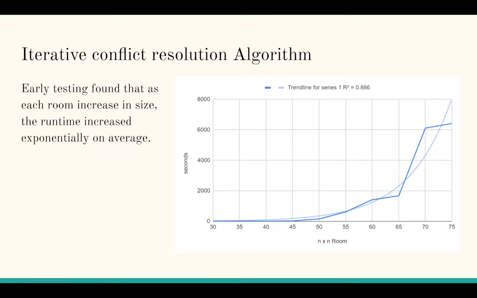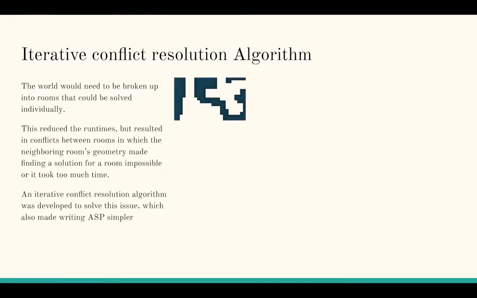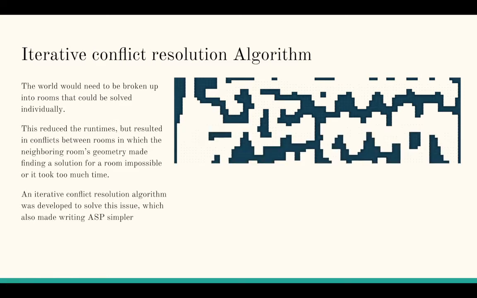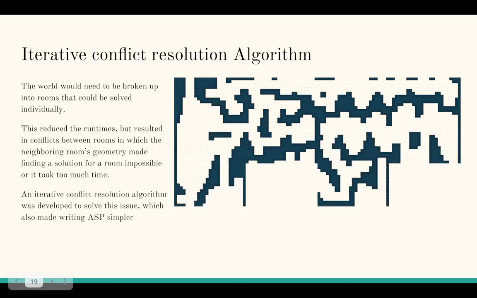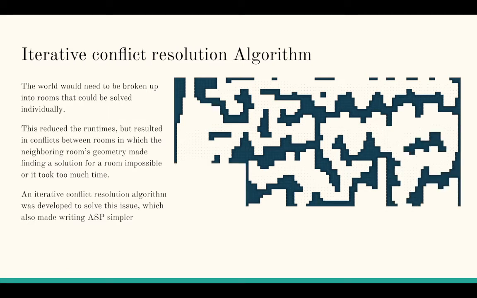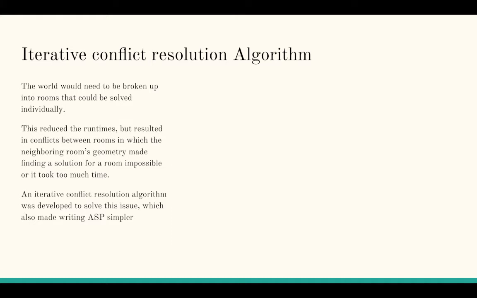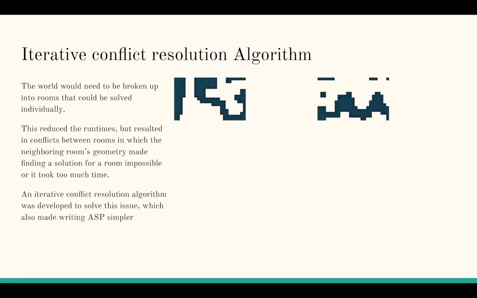So I had to figure out a way to break it up. Well, that developed the next problem. What this animation is showing is an actual map being built. You build one map, it actually starts in the upper left corner, and as you can see, it went from left to right. And then you see them disappearing every time.